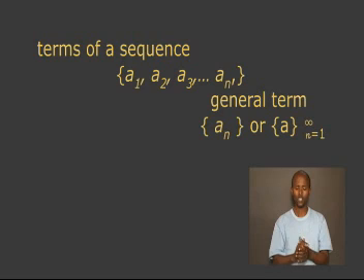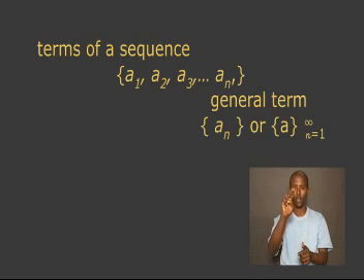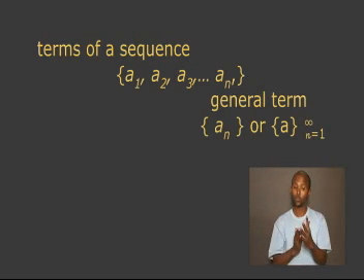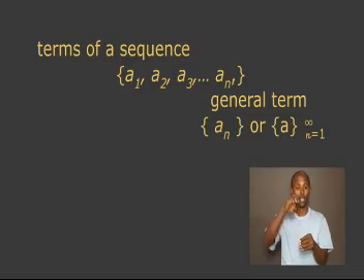This is the general term, or the nth term of the sequence. The sequence a1, a2, a3, and so on through an is also denoted by the set {an} or the set {an} with n from 1 to infinity.